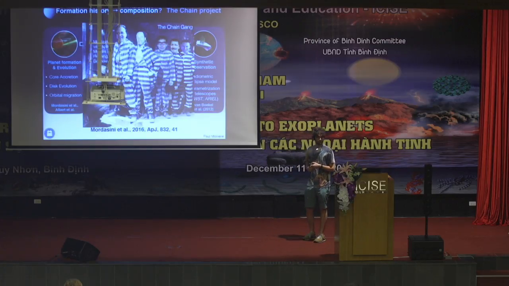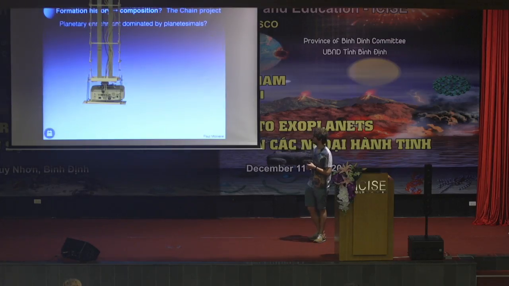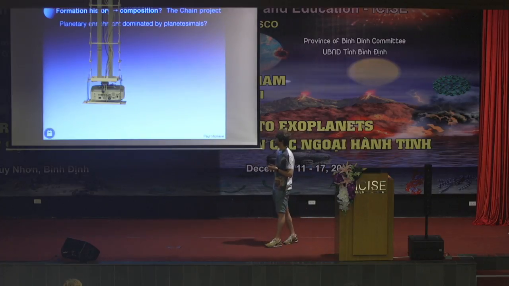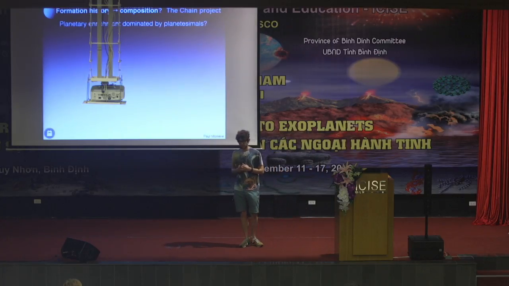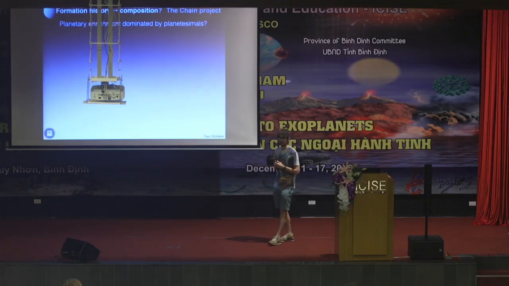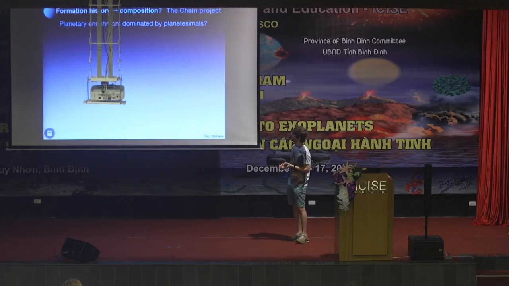Right. So let's look at some results that we found. One thing that we found from the synthetic planet populations, and you can also see that from actual observations of planets, is that the planetary bulk enrichment is dominated by the planetesimal accretion.